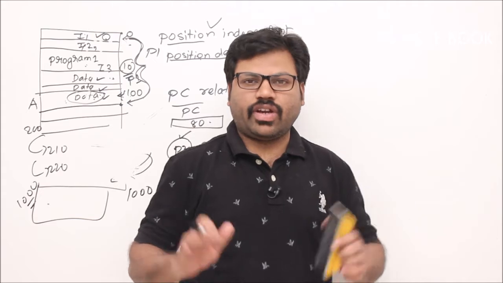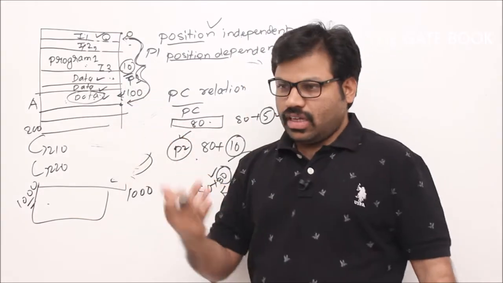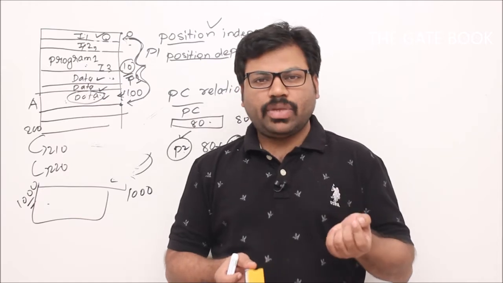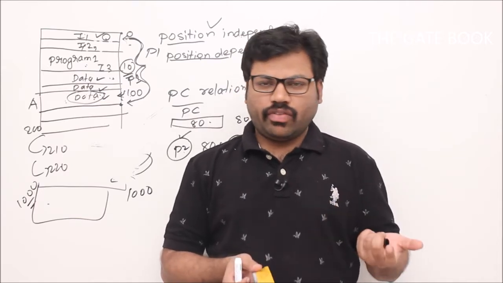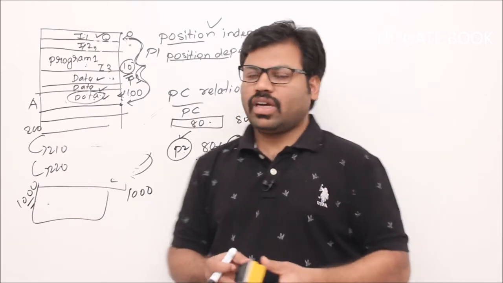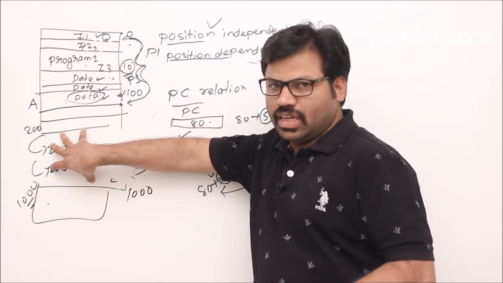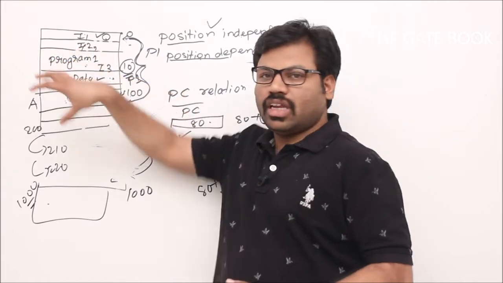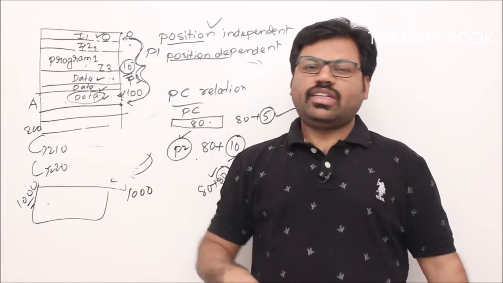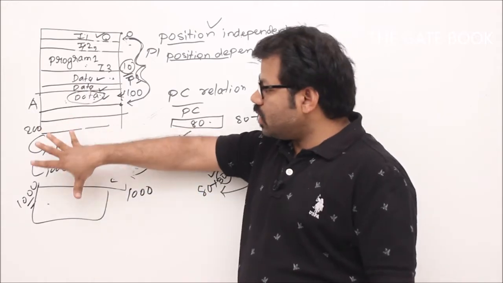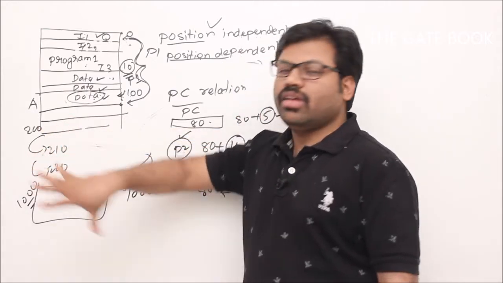That will be position independent code. Nowadays it is not required. Now in the GATE exam, many times they ask this question: what is the usage of PC relative addressing mode? Then definitely, to write relocatable code, correct? That means we can run this program here for some time, then we can move it. That means we can relocate it. It's not rigid, not fixed code. It is not compulsory to execute that program in a particular place.